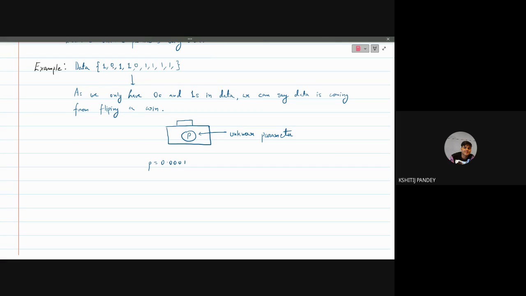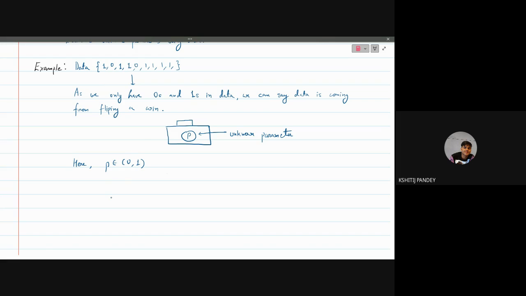And also this can come from p equal to 0.9. So here p belongs to the interval 0 to 1, where the endpoints are not included. So now the question is, what is a good guess for p?